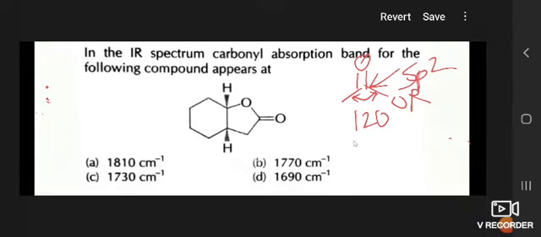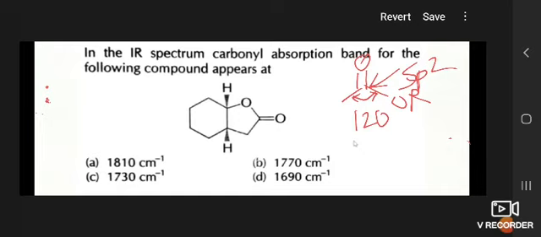So in acyclic ester, the bond angle is 120. That means it does not have any angle strain, because for sp2 carbon the requirement is 120, and in acyclic ester it is 120. So 120 minus 120 equals 0. That means it does not possess any angle strain. So it is free from angle strain.